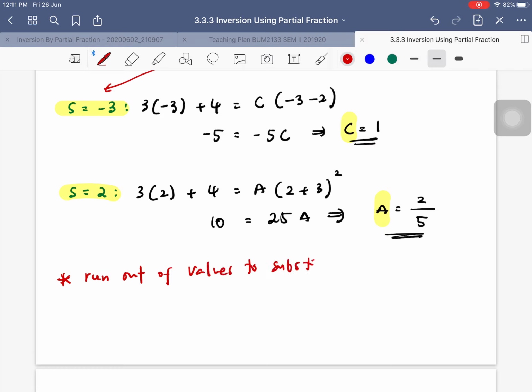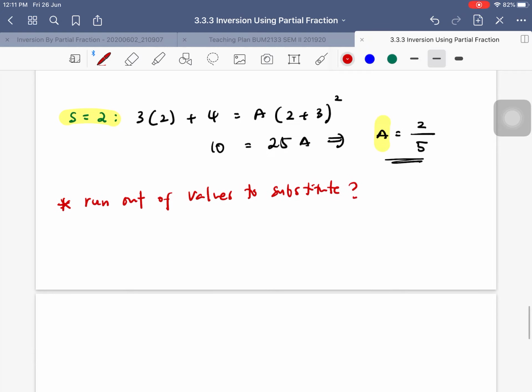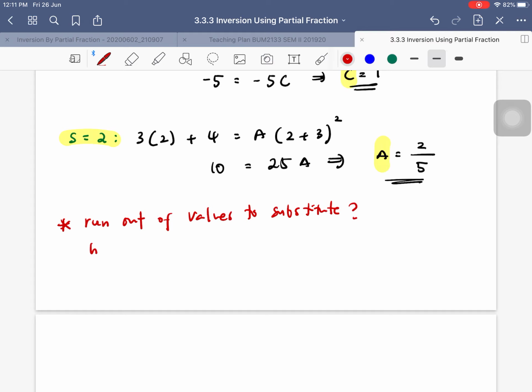When you have no more values to substitute, what you can do is choose any value. But the rule is that you should preferably choose a small and positive value.